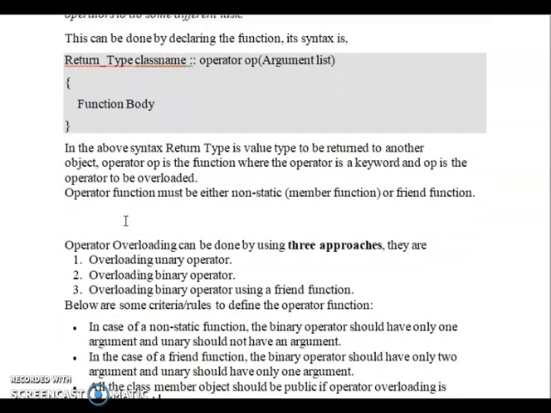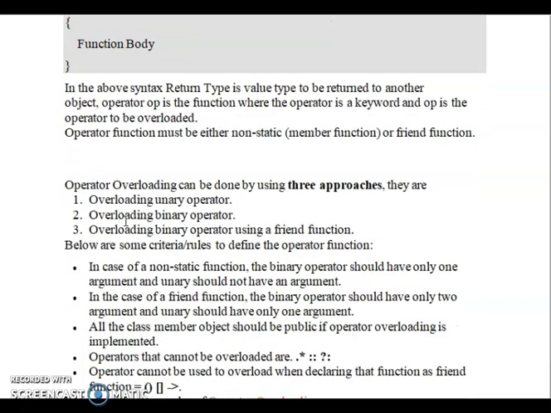There are three approaches we can use for operator overloading: one, overloading a unary operator; second, overloading a binary operator; and third, overloading a binary operator using a friend function. In a non-static member function, the binary operator should have only one argument and the unary operator should not have an argument.